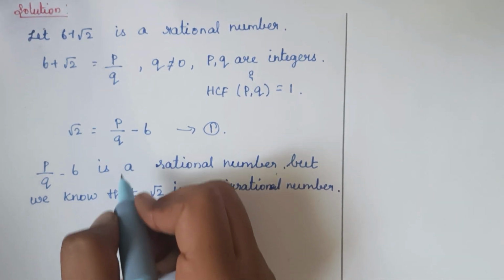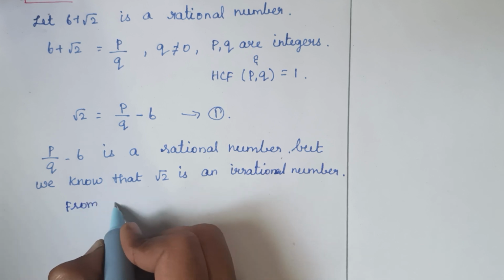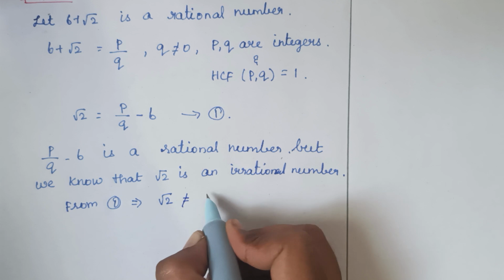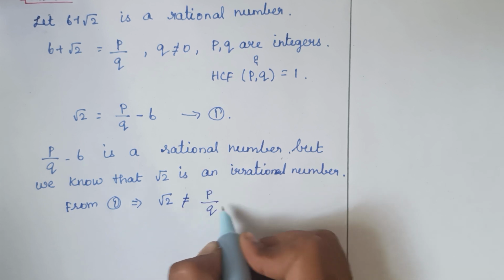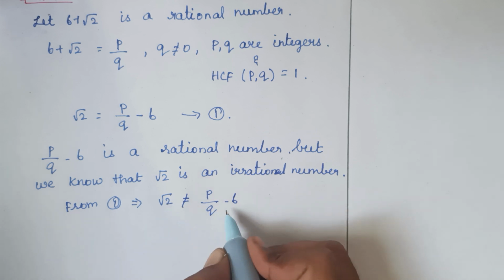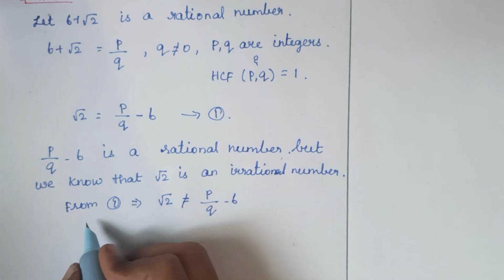So from equation 1, root 2 is not equal to P by Q minus 6. This is an irrational number and this is a rational number, so it is not equal.